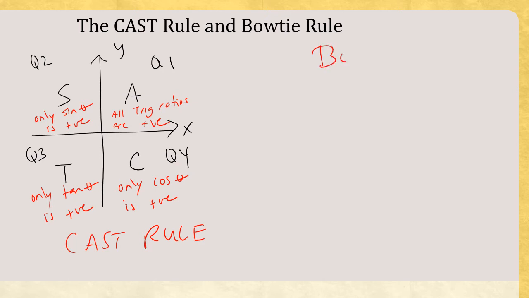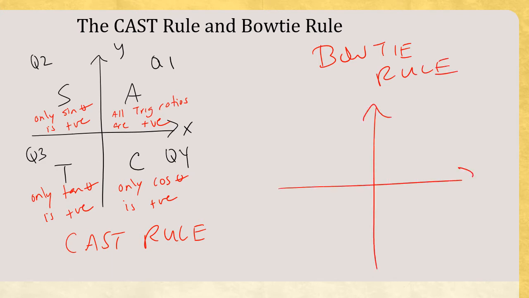Bowtie. Again, we're going to make an x and a y, and you make a bow tie. The triangles that you draw in Cartesian geometry should only ever look like that, making a bow tie.